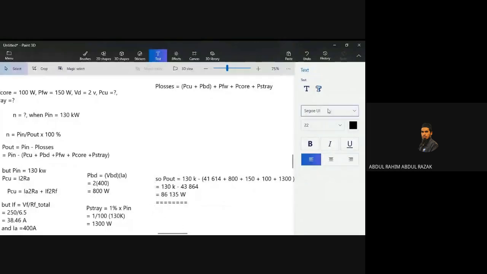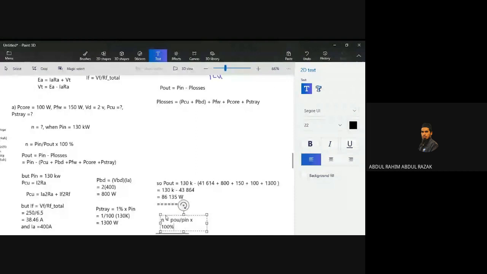Means that your efficiency will be η = P out divided by P in times 100%, which is equal to 86135 divided by 13000 times 100%. So it's equal to how much?